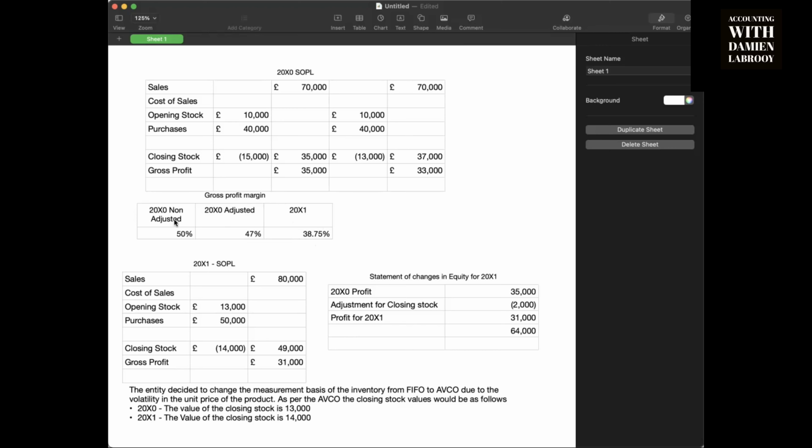Because in 2000X0, I have used a different policy to value my inventory. So this information is not consistent with the information presented in 2000X1. So by preparing the comparatives, I make sure my 2000X0 figures are consistent with the 2000X1 figures.